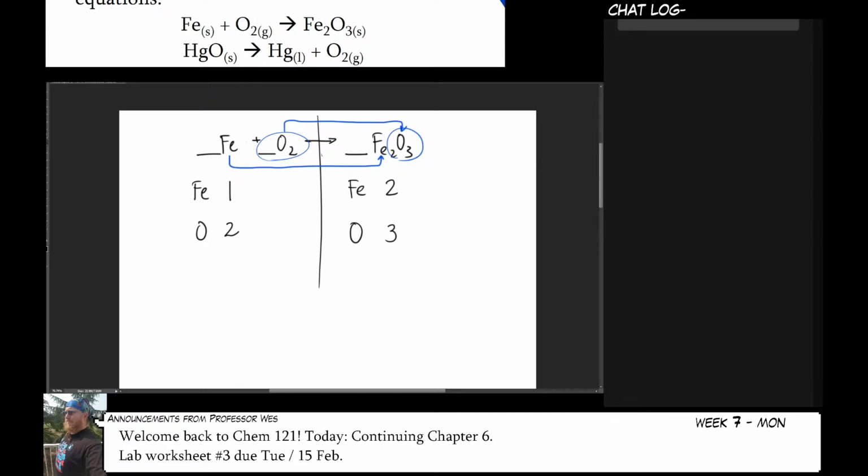And the numbers that you stick in front of these also have to be related, right? Because I got to get the same amount of oxygen on both sides. So if the left oxygens come in pairs and the right oxygens come in threes, can you put in numbers in the blanks so that you have the same amount? And the answer is yeah.